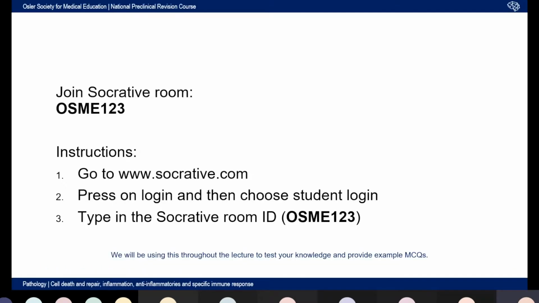Oh wow, okay, my notes come on as well. So if we could join this Socrative room, it would be great. So essentially you would just have to go onto this website called socrative.com and press onto Socrative, log in, and then choose student login, and then write the ID.